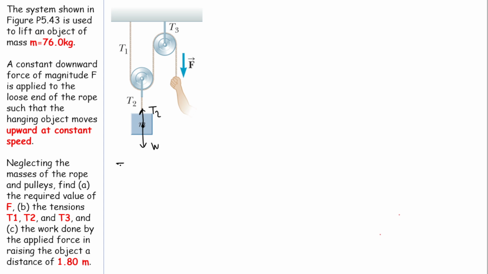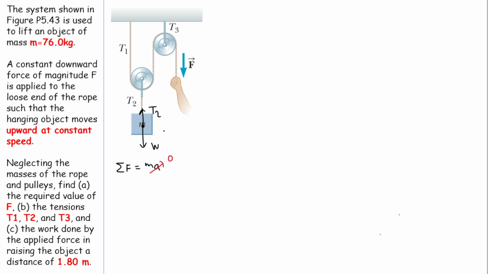So I will have sigma F equal to the mass times acceleration. Remember that it's moving at constant speed, so the right-hand side is equal to 0. Constant speed means no acceleration, so the acceleration is 0.